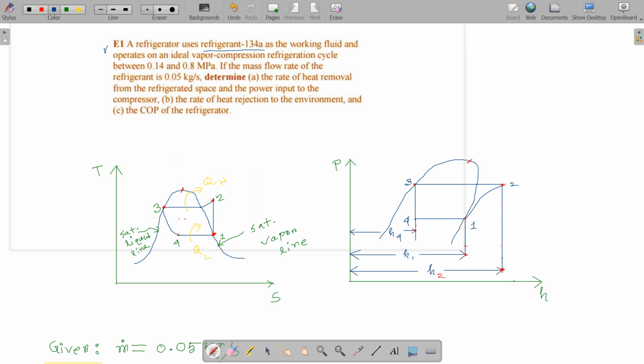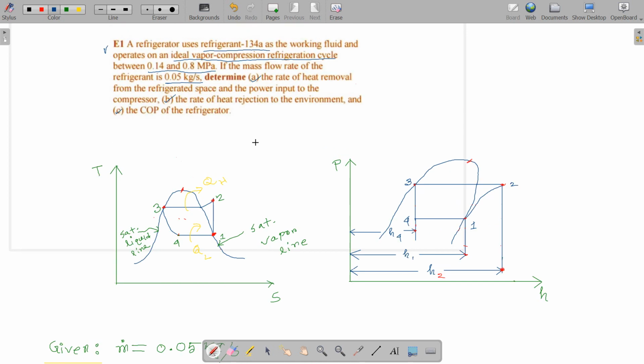So this is a refrigerant 134A and it's working on an ideal vapor compression refrigeration cycle between 0.14 and 0.8 megapascal. Mass flow rate is 0.05 kg per second. To be determined: the rate of heat removal, the rate of heat rejection, and the COP of the refrigerator.